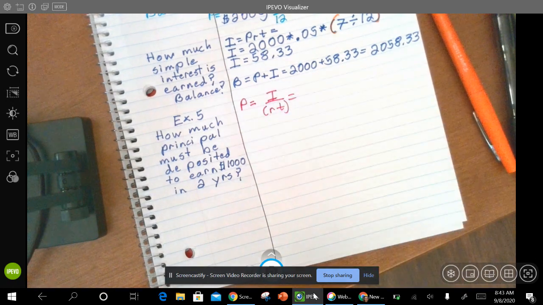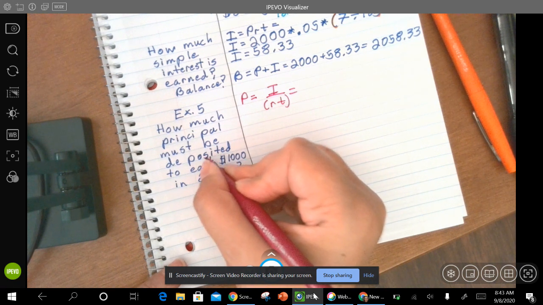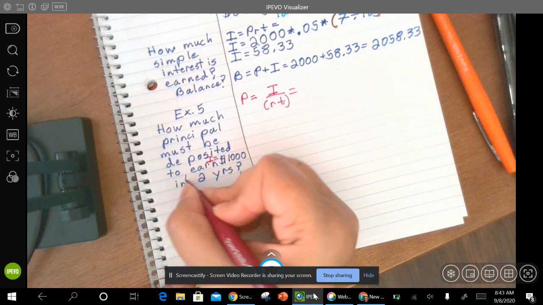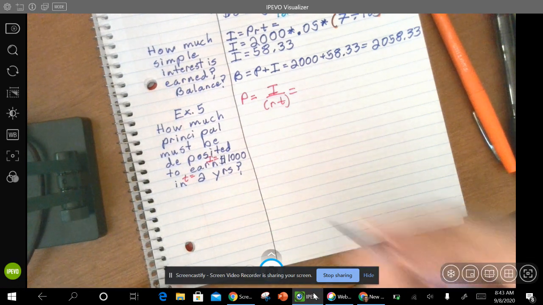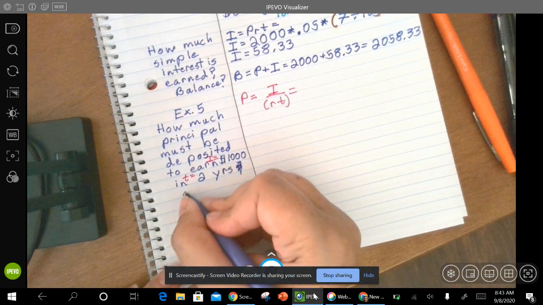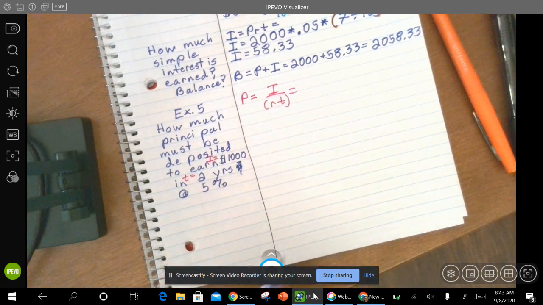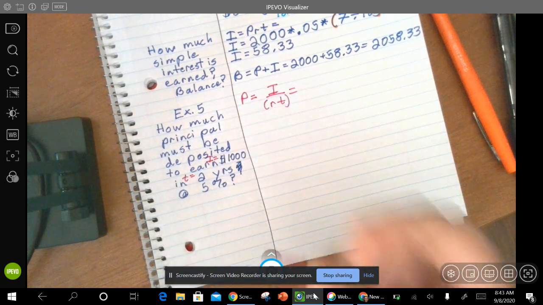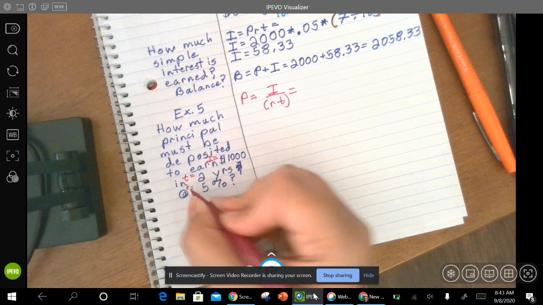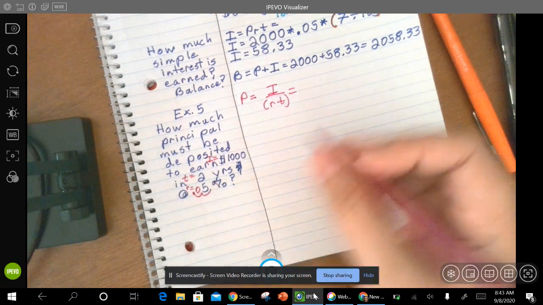So we want to earn $1,000 in interest. Our time is 2 years, and I forgot to add, everybody, at 5% interest. So remember, this is going to be our rate. So we're going to drop the percent sign and go to the left, add the decimal and the 0.